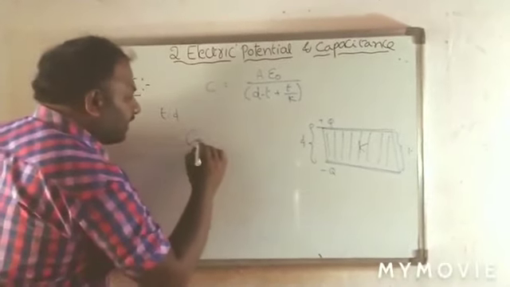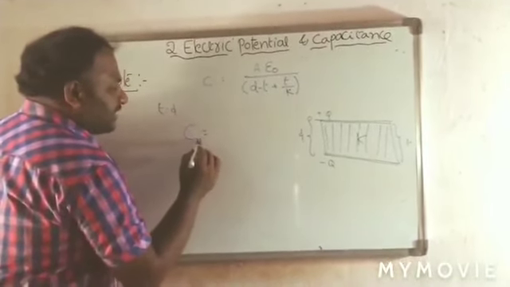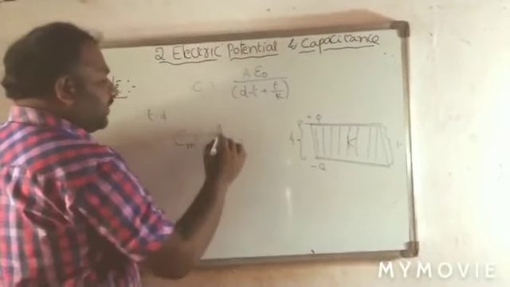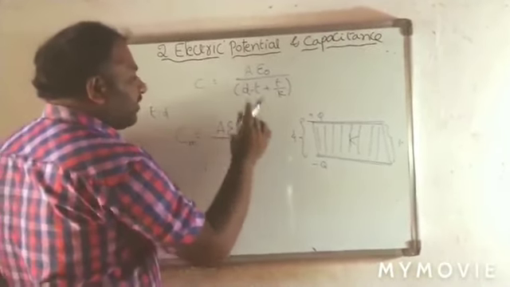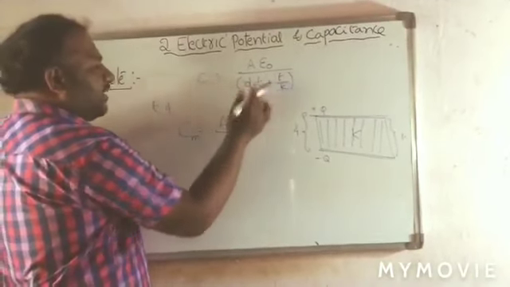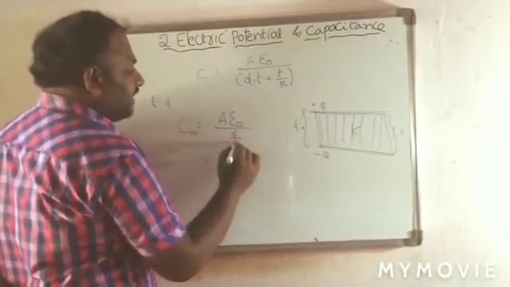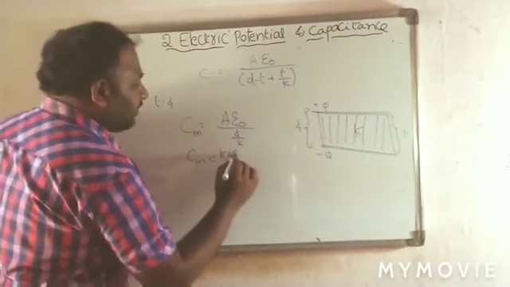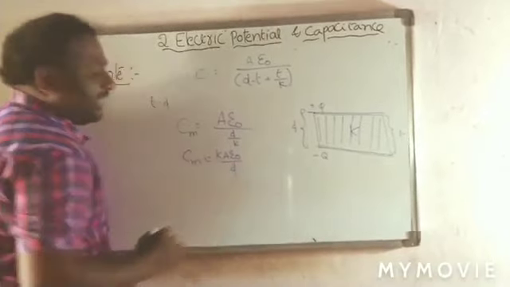Now the formula can be written as the capacitance with the medium, Cm, equal to A epsilon naught by D, where D and T are both equal, so the bracket becomes D by K. So finally Cm is equal to K into A epsilon naught by D.